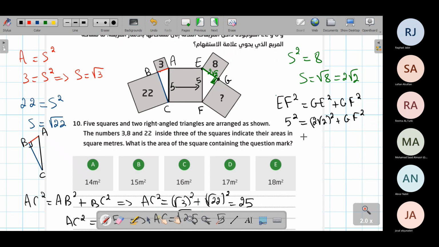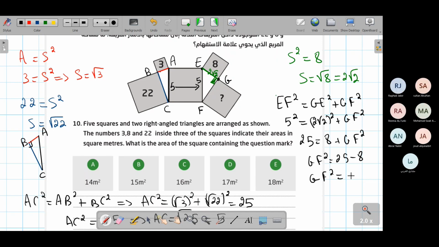So 25 equals 8 plus GF squared. GF squared equals 25 minus 8, which is 17. So GF is equal to radical 17.